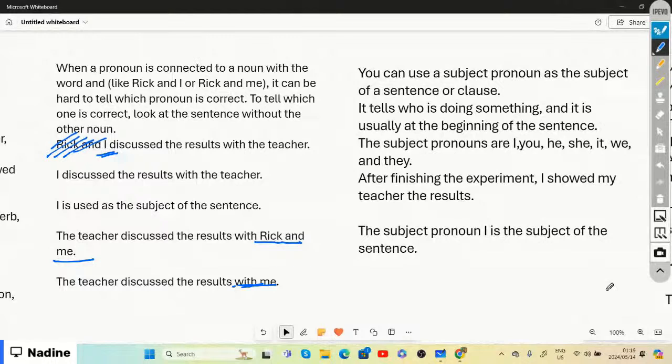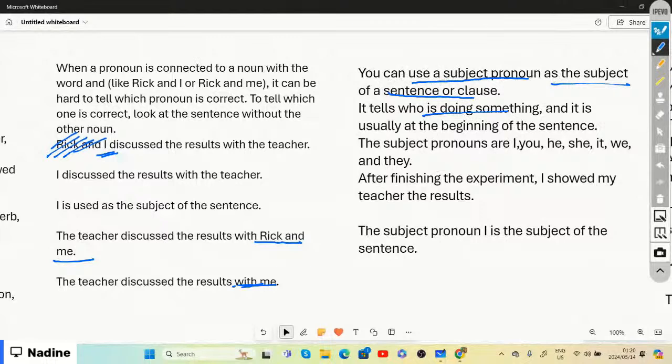So you can basically use a subject pronoun as the subject in a sentence or a clause. It tells you who is doing something, like I am doing something.